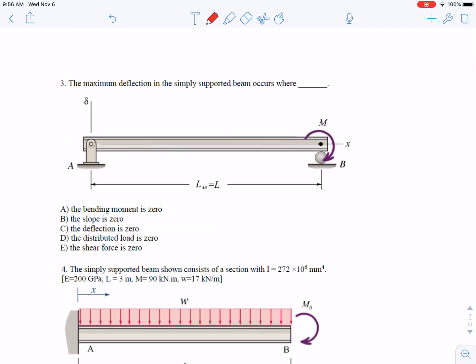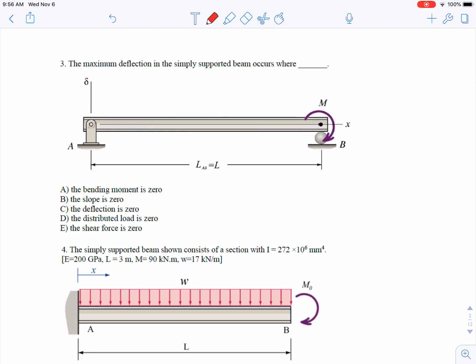And number 3, the maximum deflection in the simply supported beam occurs where, okay, we showed this before, right? Where you have a zero slope, you will have the maximum deflection.